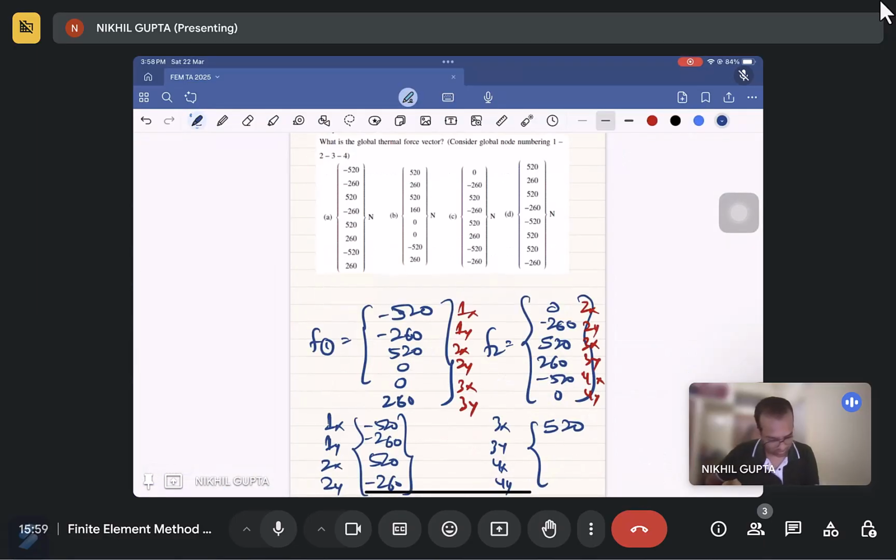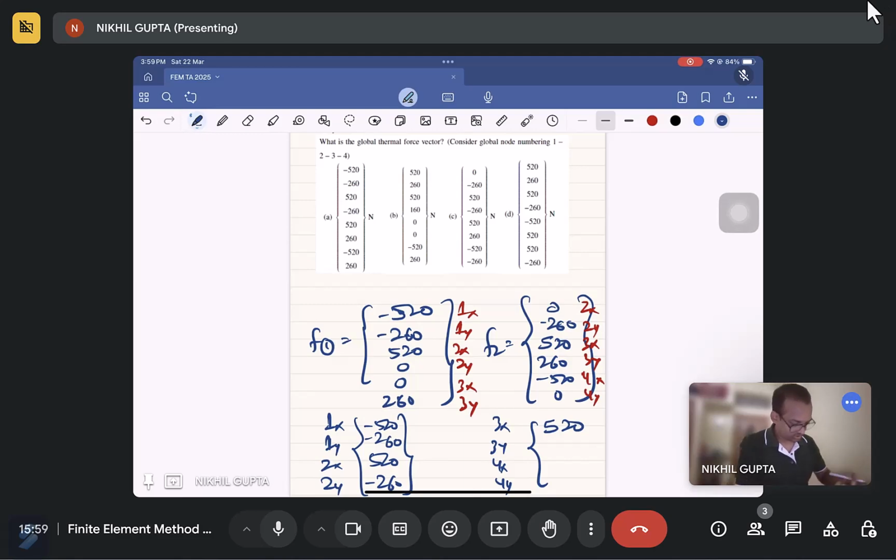So 0 0 260 is there. Then 3y is 260, 260 will become 520 for 3y, but the answer is saying 260. Did I make a mistake here?